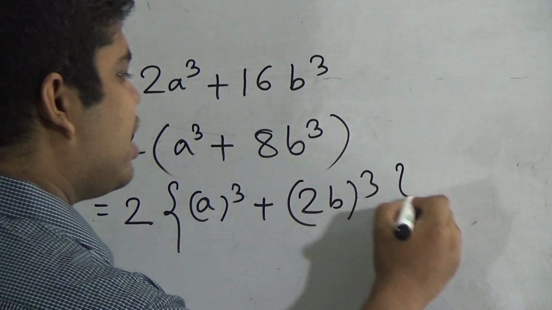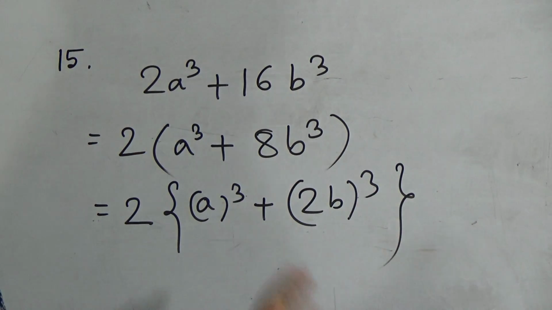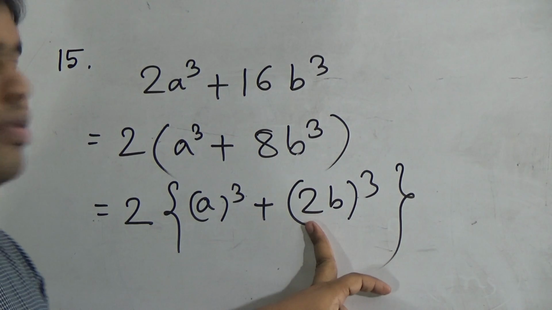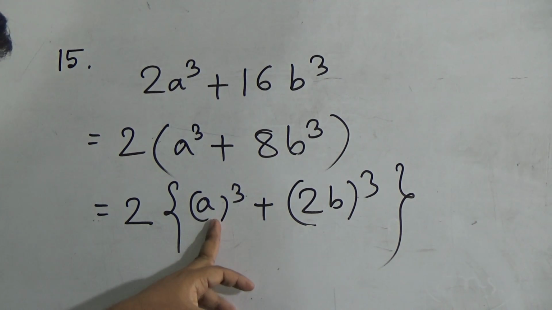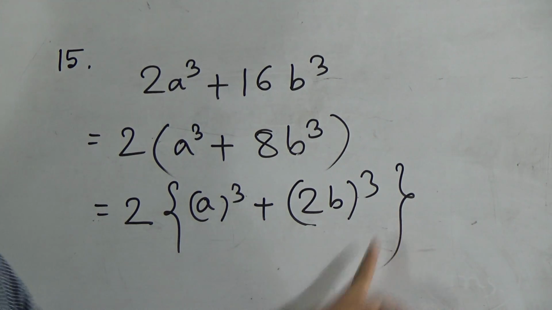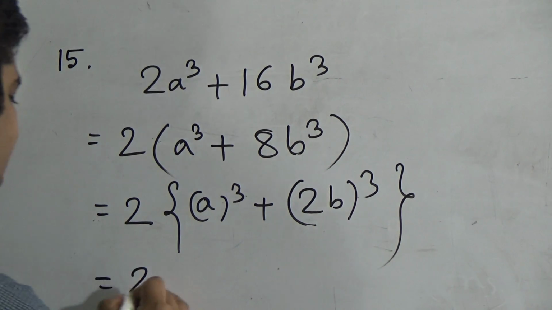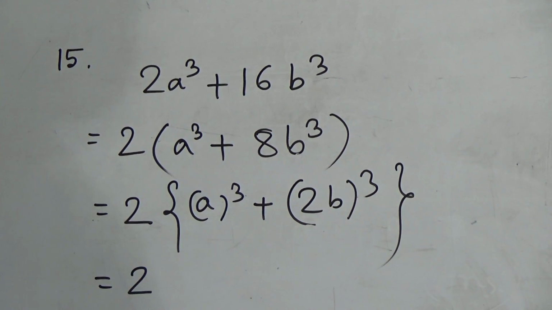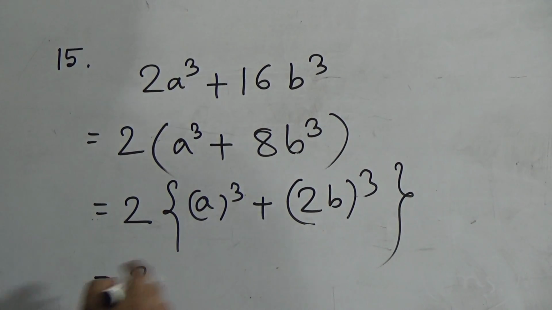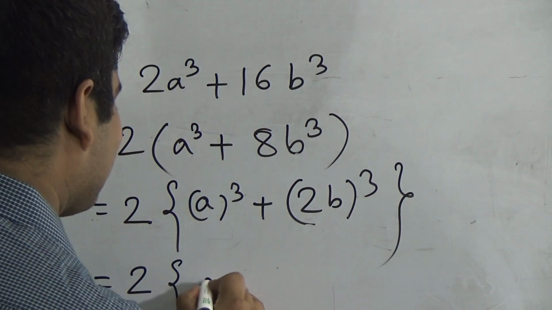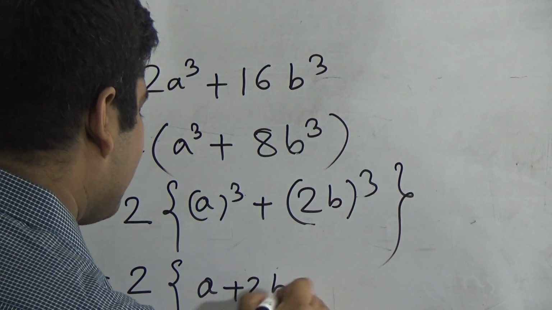So in order to use the formula we write the expression in this form. Here you notice the a cube plus b cube formula. What is the formula of a cube plus b cube when we find the factors? It is (a plus b) into (a square minus ab plus b square). Here b is 2b, so the first factor is a plus 2b.